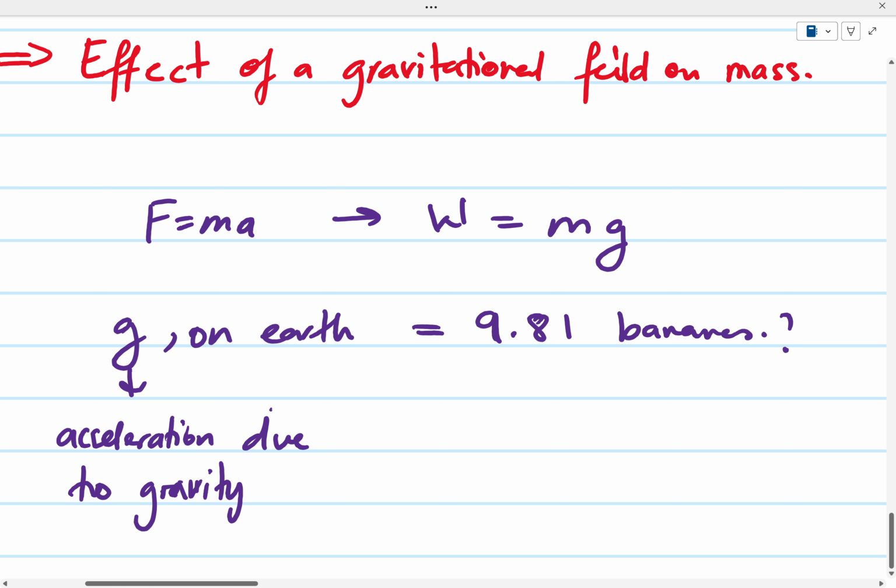You guys understand vectors and vector components, the x direction and the y direction, yes? All right.